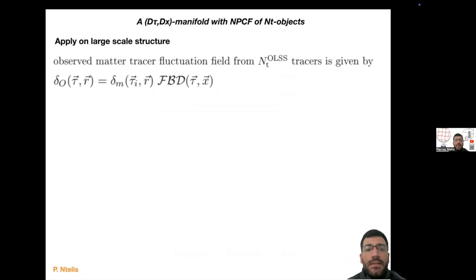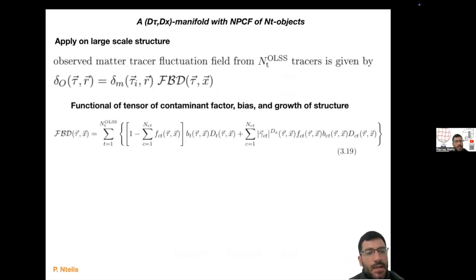Now, this F_BD is the whole point of this paper. So basically, we can describe all the contaminants and their biases and the growth of structure of our tracers and the contaminants by using this kind of functional.